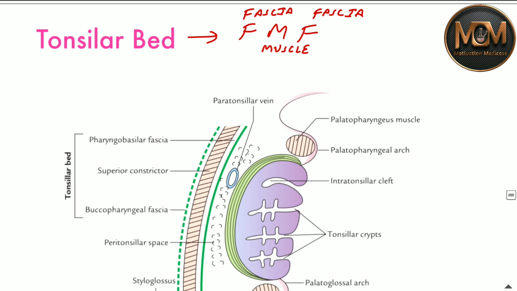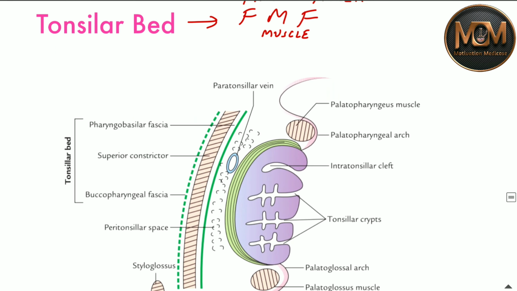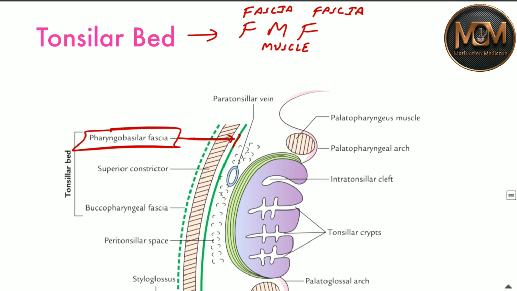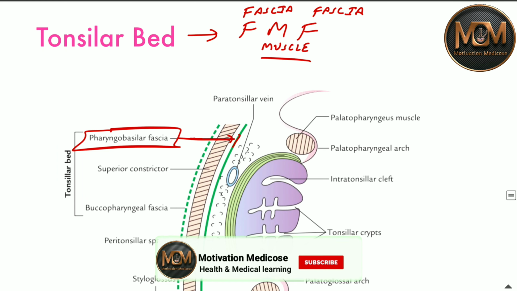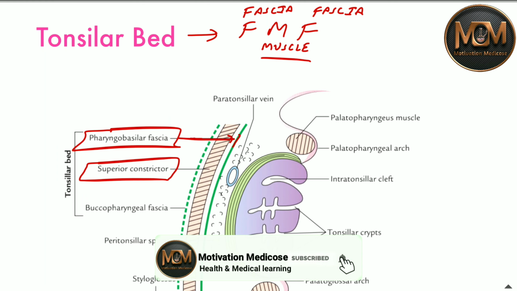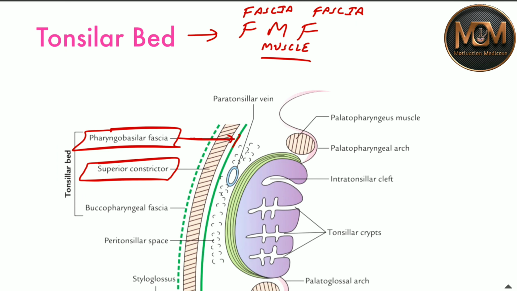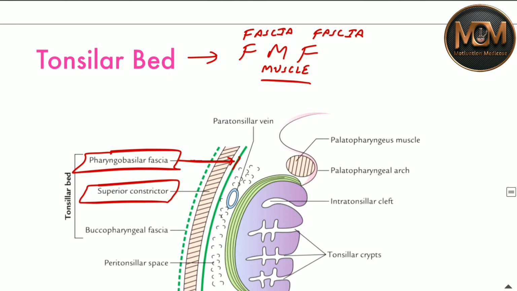The first fascia present in the tonsillar bed is the pharyngobasilar fascia. You can see it in the diagram. The second structure is the muscle, the superior constrictor, as I have already told you. If you go more laterally, the fascia is the buccopharyngeal fascia.